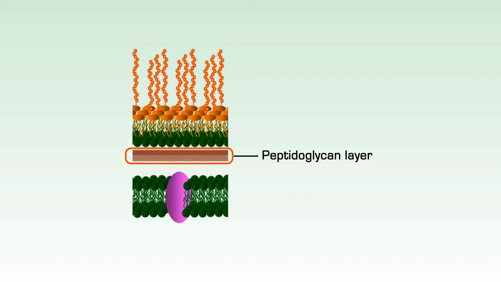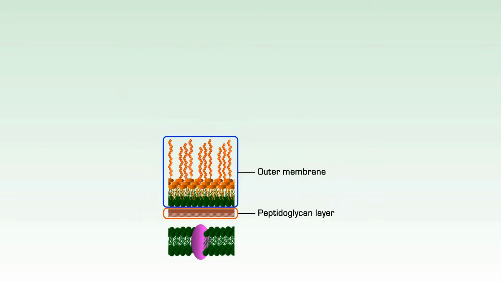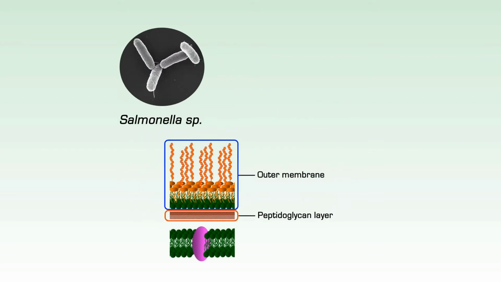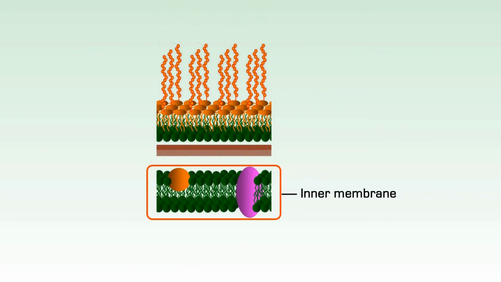Further, this peptidoglycan layer is covered by an outer membrane which confers defensive abilities and toxigenic properties on many pathogens, for example, Salmonella species and enterohemorrhagic E. coli. The gram-negative bacterium is composed of two membranes, the inner membrane and the outer membrane.